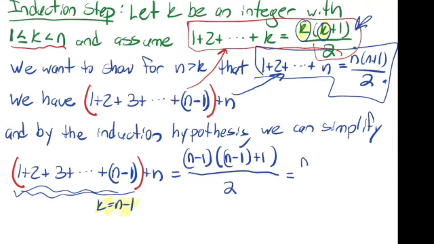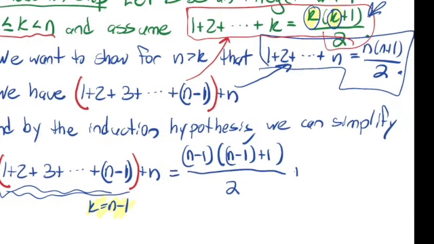And so this actually gives me n minus 1, n minus 1 plus 1 over 2, and then we still have a plus n.